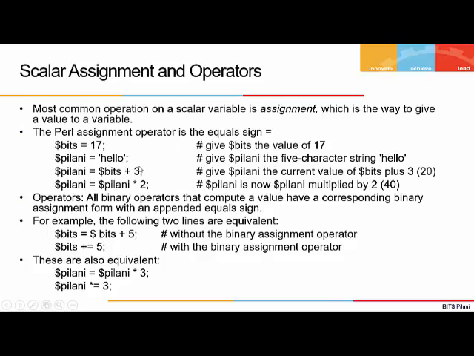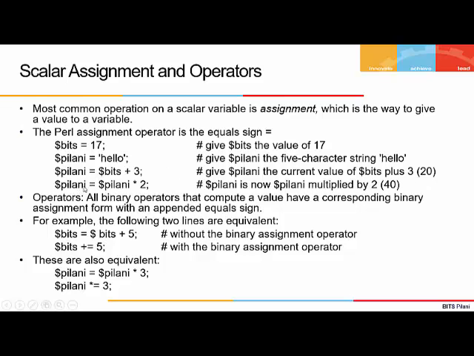And the same way you can also use the assignment operator together with other operators. The value of bits is 17 and the plus is the addition with 3. It will give the value 20 to the variable Pilani. Now the value of the variable Pilani is changed from hello, a string, to the integer value 20.